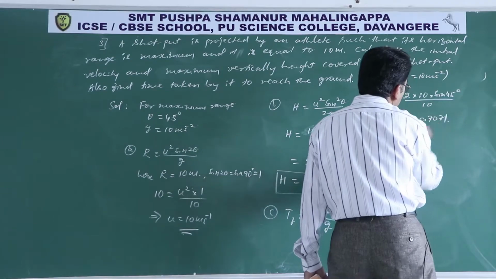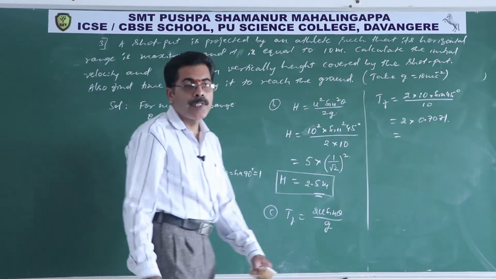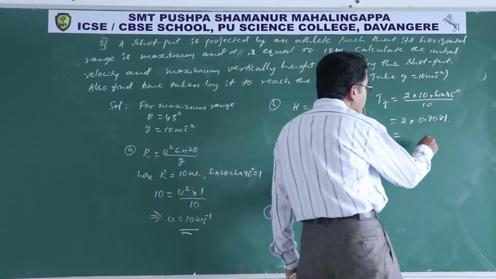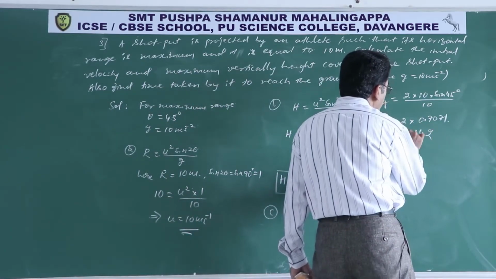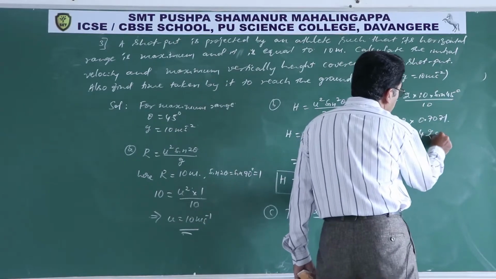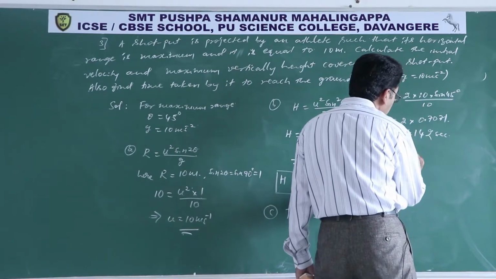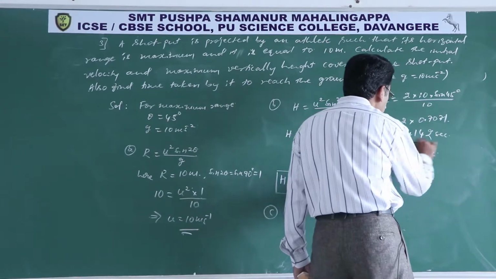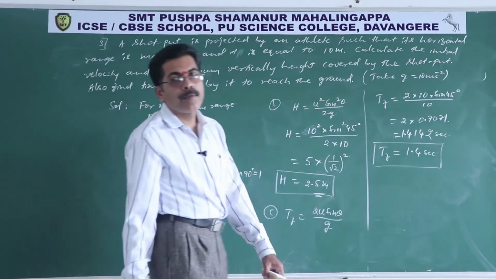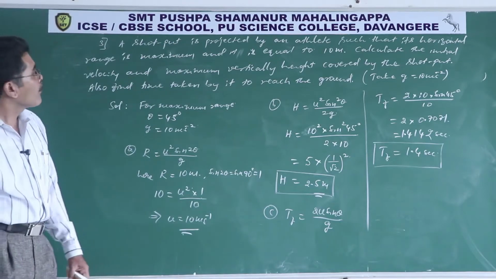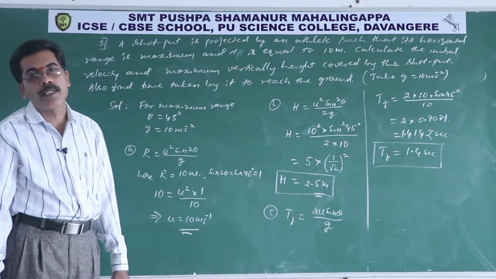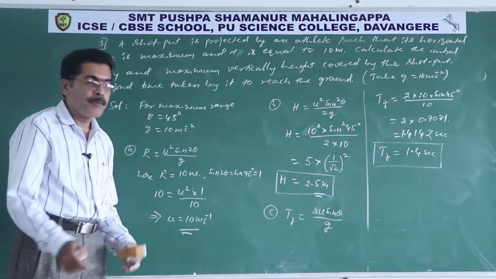Sine 45 is 0.7071, 1 by root 2, which is approximately 1.4 second. Time taken by the shot put to reach the ground is 1.4 second after it has been projected.